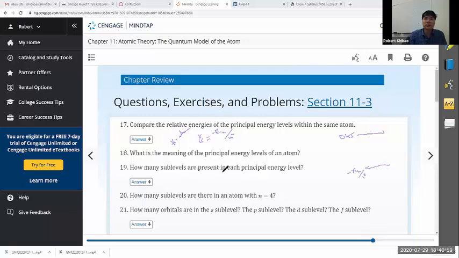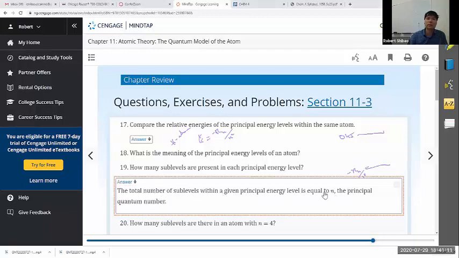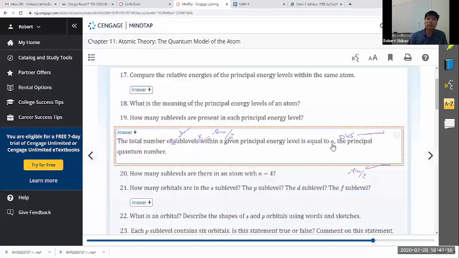How many sublevels are present in each principal energy level? There are n sublevels. So n equals 4, there are 4 sublevels. How many sublevels are there in an atom with n equals 4? 4.